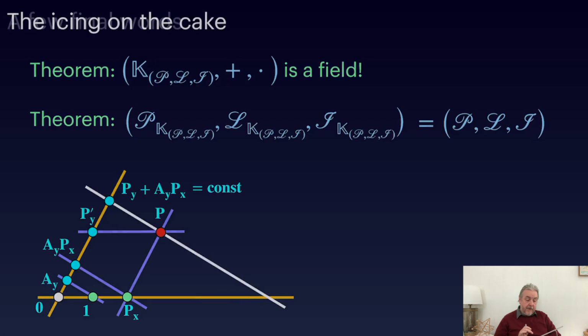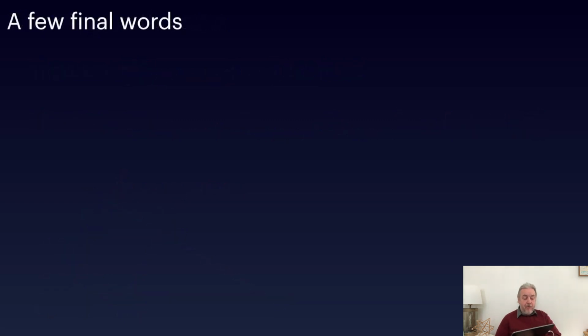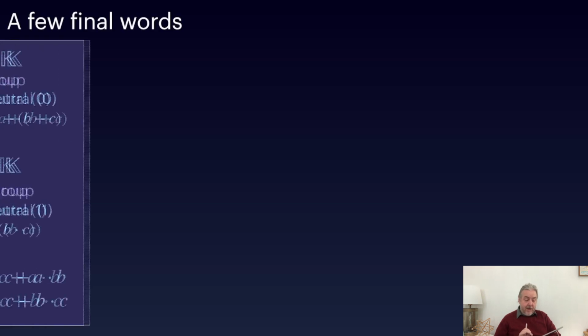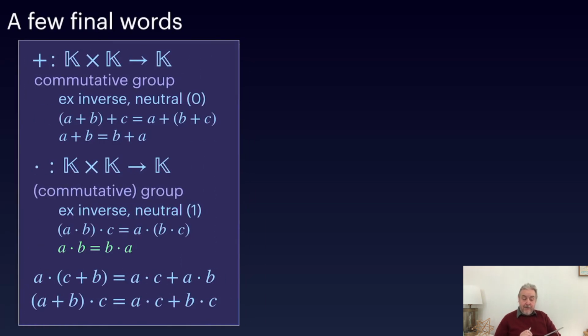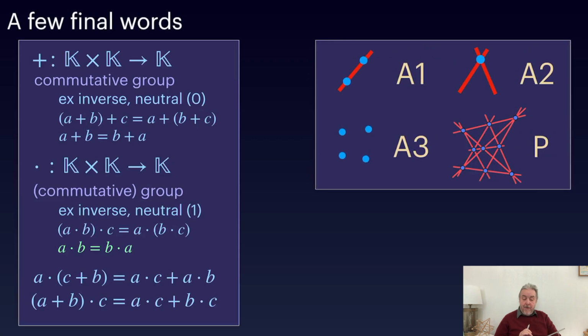So let me close by a few final words that should end this part of our lecture. So we have seen in that lecture that field axioms are essentially the same as the axioms of projective geometry together with Pappus' theorem.